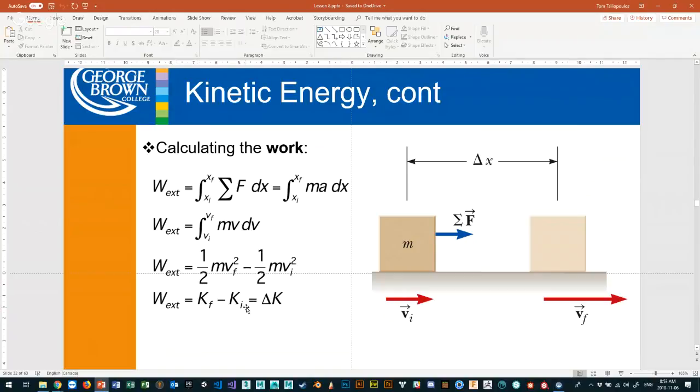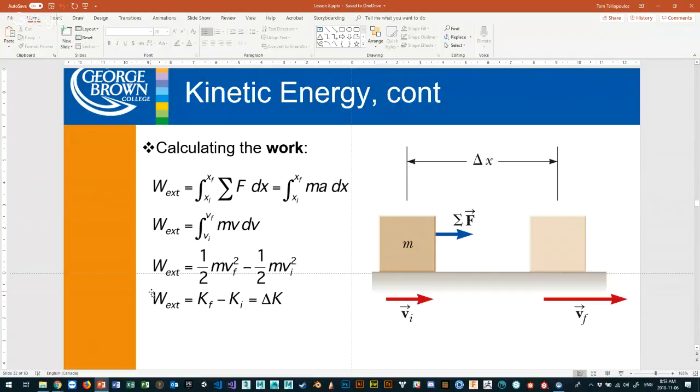And my friends, this is a key equation because once I know my initial kinetic energy and my final kinetic energy, that's the change in kinetic energy, right? If you know that, you know what work is. And we know also that work is Newton meters, which is force over distance, right?